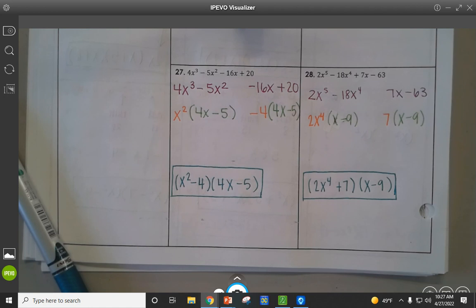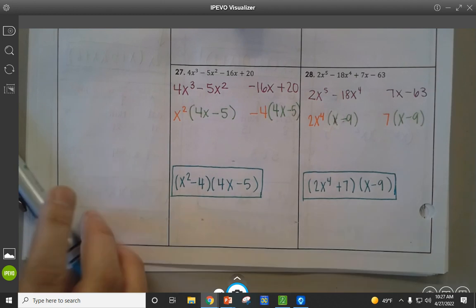And then you should have factored out a 7, leaving you with x minus 9. So your final answer is 2x to the 4th plus 7, and then x minus 9. Any questions on that? All right, turn the page.